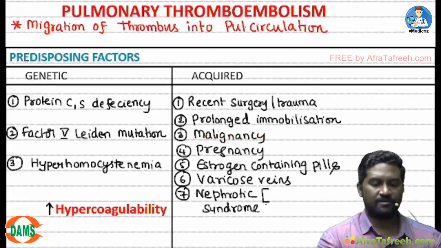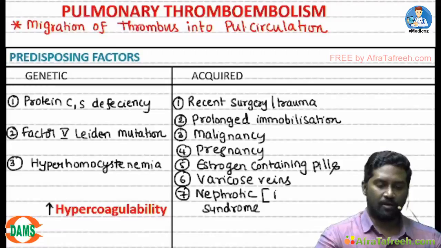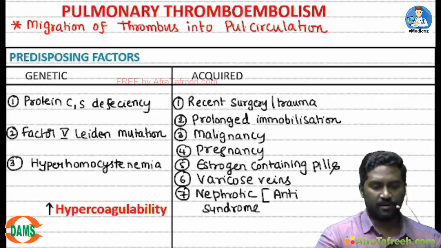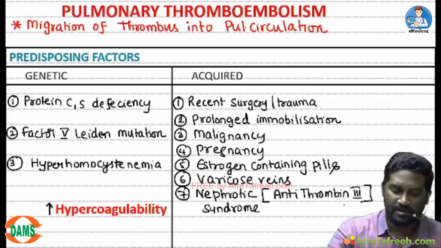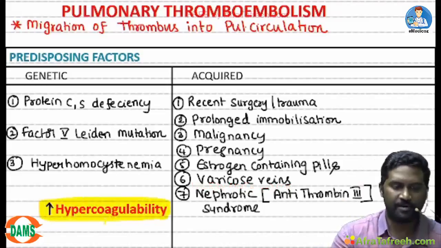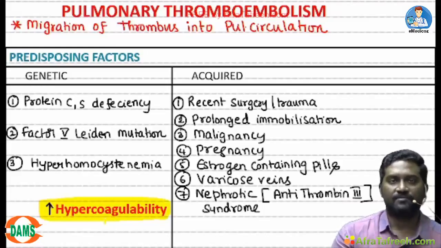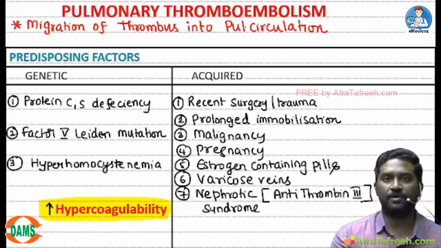In nephrotic syndrome, there will be massive proteinuria. Like all other proteins, there will be loss of antithrombin 3. Loss of antithrombin 3 from the body can result in hypercoagulability. So these are all the important predisposing factors for pulmonary thromboembolism.